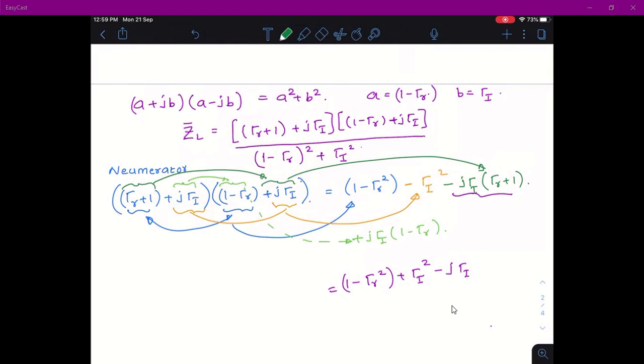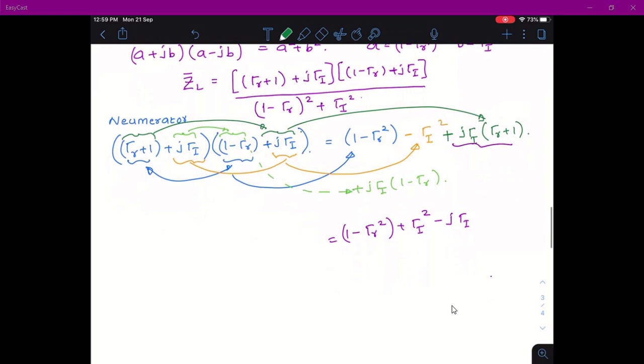when you multiply plus tau r plus 1 and plus j tau I, you will get plus j tau I into tau r plus 1. And when you multiply plus j tau I into 1 minus tau r, it is plus j tau I into 1 minus tau r.